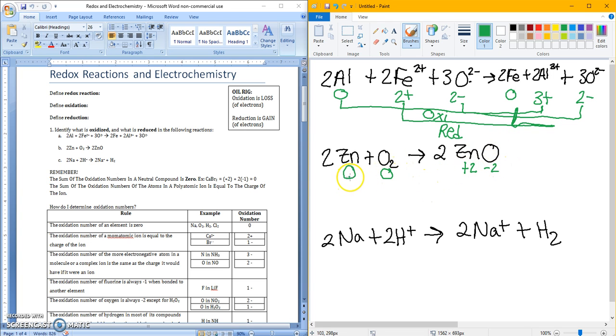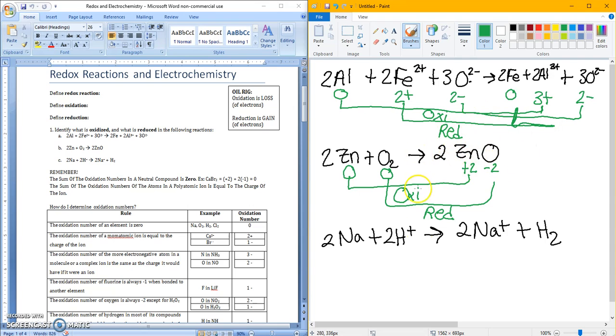So zinc became more positive, so I know it lost electrons, so it is being oxidized. And then oxygen went from neutral to a negative number, which means it had to have gained electrons, so it is being reduced.